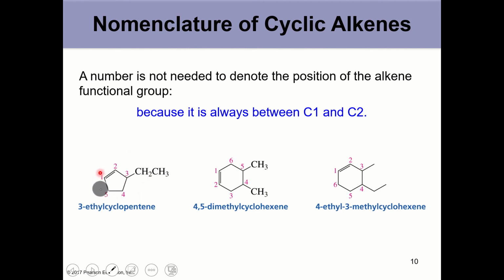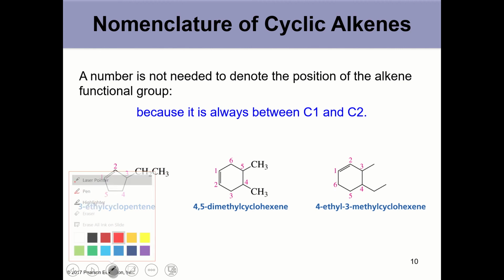You number from the pi bond carbon that is most distant from the group, while the pi bond is closest to the group. You number from the pi bond carbon that is furthest from the group towards the group.